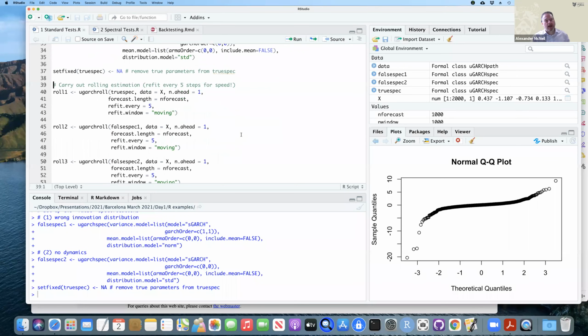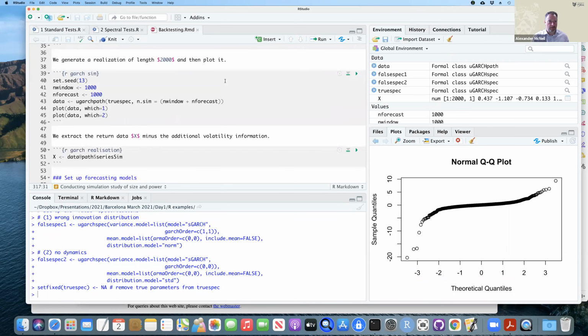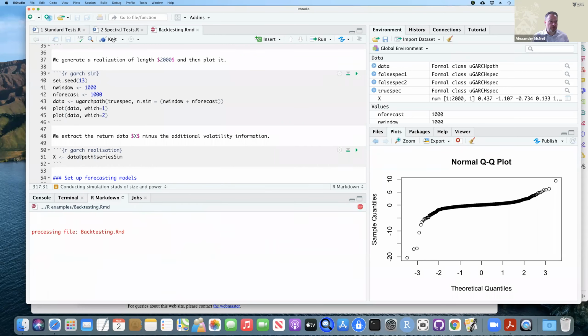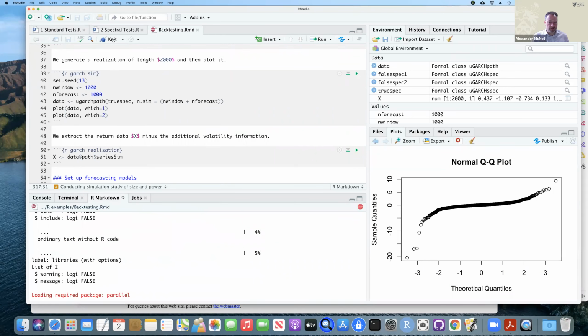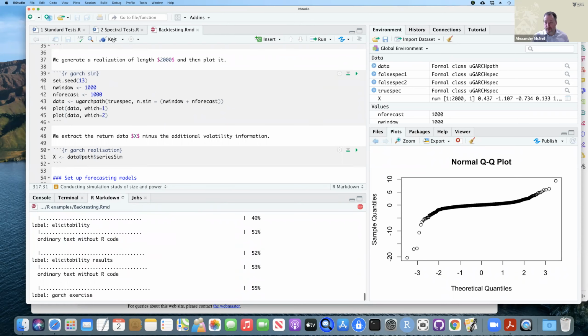And here's how forecasting is going to proceed. It's going to proceed in a rolling manner. If you want to read about this, incidentally, did I compile it? I'll just knit that again. I'll just show you what you'd be able to read if you're having difficulty following anything I say.